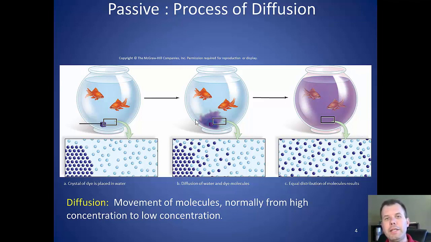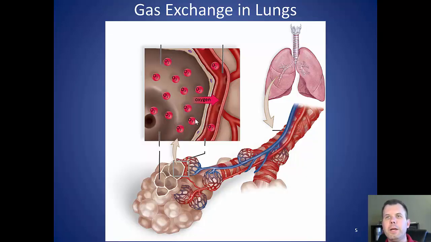That's the equal part of it, so that high concentration will go to low concentration. And that dispersal is just known as diffusion. So that's the movement of molecules from high to low concentration. Get that in your mind there. Diffusion is the movement of molecules from high to low concentration. Very easy passive transport. Okay?